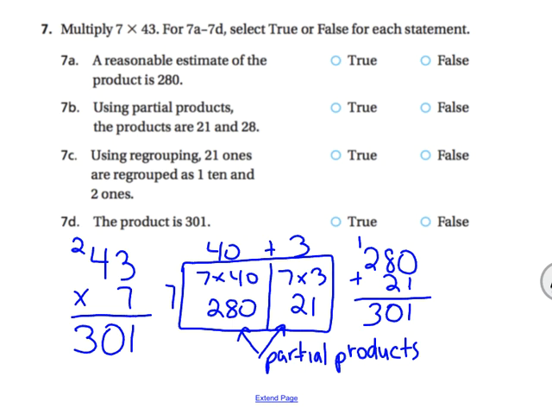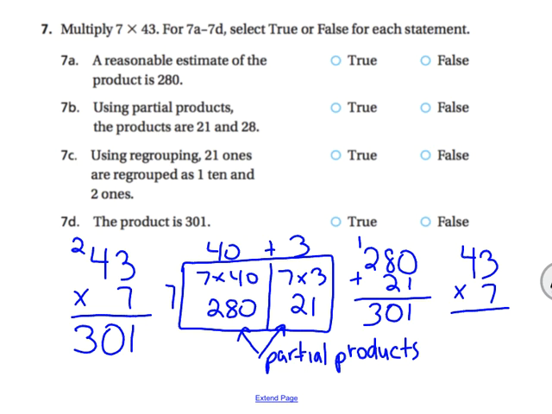Okay, so 7A. A reasonable estimate of the product is 280. All right, well, that is asking me to estimate the product, okay? So what I really need to do is go back to my original equation. 43 times 7 is estimated.